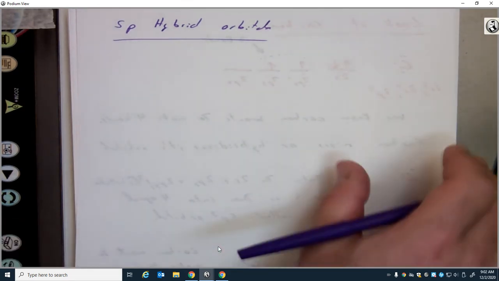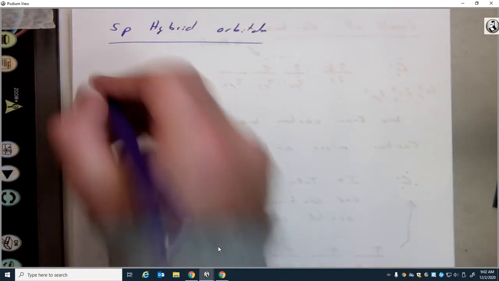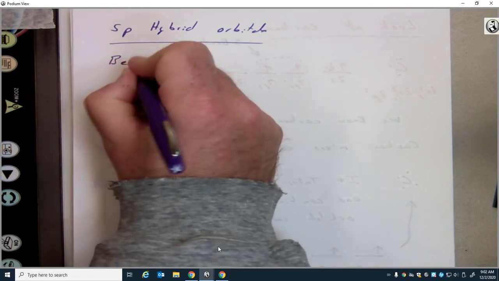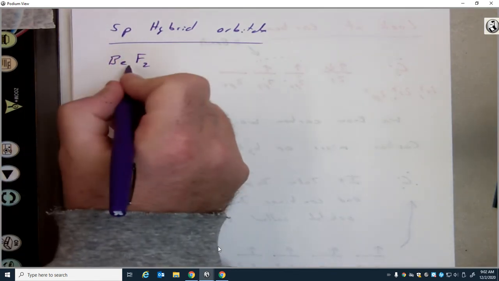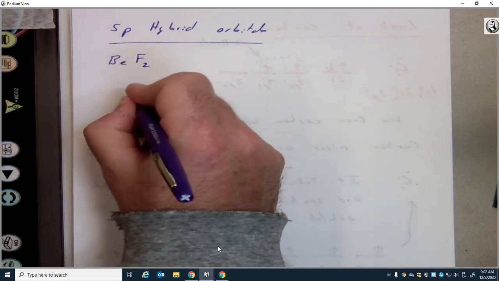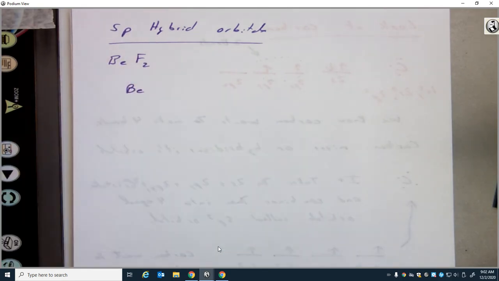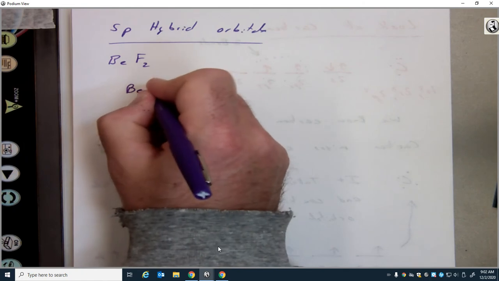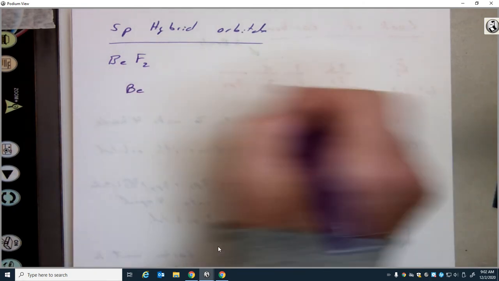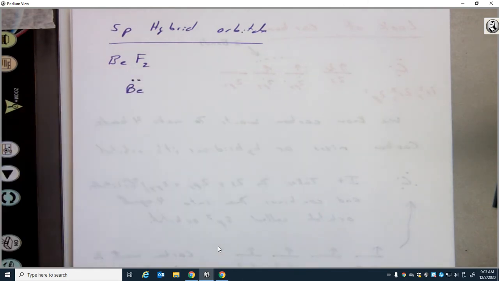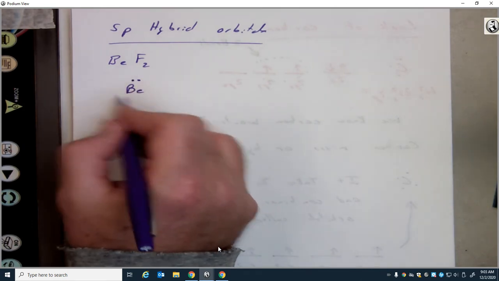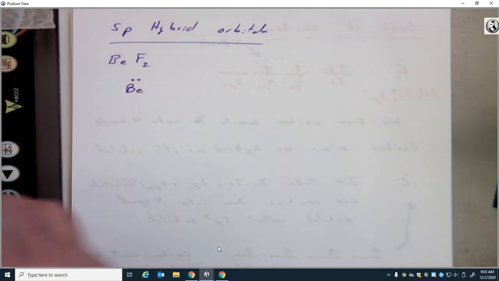And a perfect example where sp hybridization occurs is in BeF2. So in this case, beryllium is our central atom. And if we draw its Lewis dot diagram, it looks like that. Now, does it look like beryllium wants to actually make any bonds?